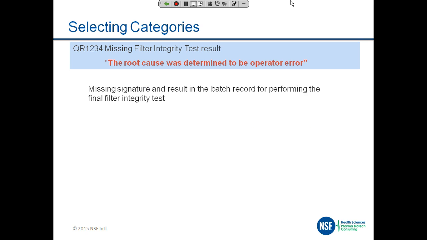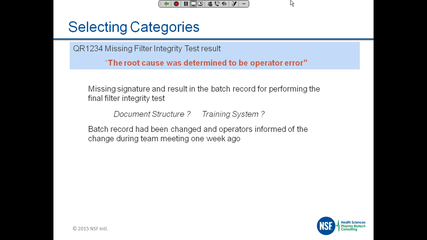So as an example, in the earlier slide there was this particular deviation, missing filter integrity test result. The root cause was determined to be operator error. Well, I did a little bit of improv here and built out this particular investigation. Let's say there was a missing signature or result in the batch record for performing the final filter integrity test.